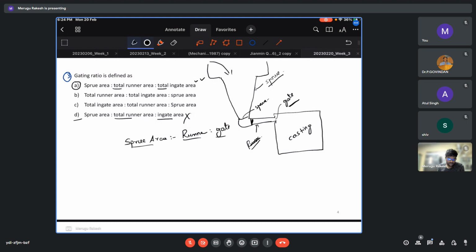Just have a look. So this is the shortcut you follow. You can simply follow the direction of liquid metal. In short, we call it melt.